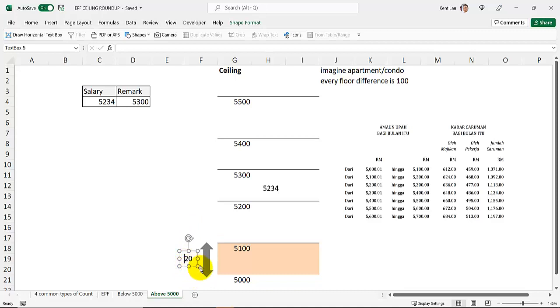You can see that from 5,000, the next ceiling is adding 100, becoming 5100, then 5200, then 5300, and 5234 is right here. So somewhere here, and that's why the ceiling is 5300.